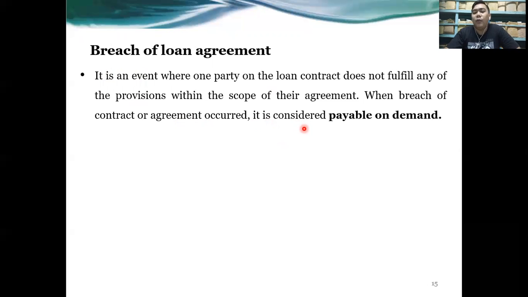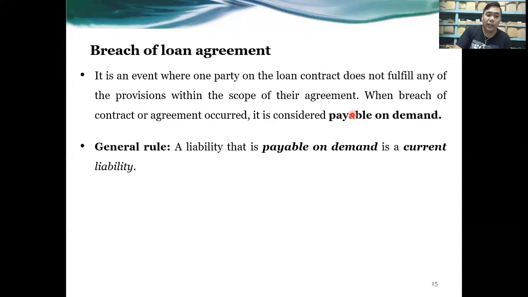Although 10 years amon hambalanay nga mabayad ako within 10 years, kay nag-breach ako sa contract, automatic payable on demand siya. I-consider mo siya as current, kay nag-breach ako sang loan agreement.